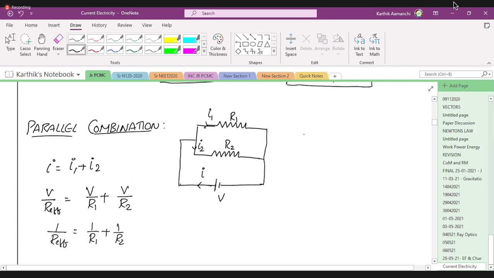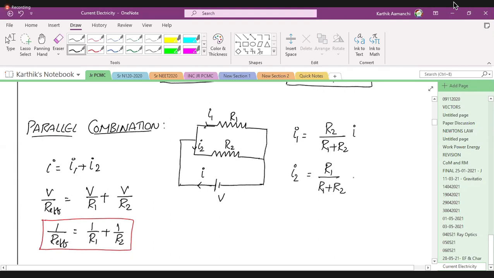Now I want the current I1 going in your resistor 1. Will it be R2 by R1 plus R2 into I? What will be your I2? R1 divided by R1 plus R2 into I. How do you get this?